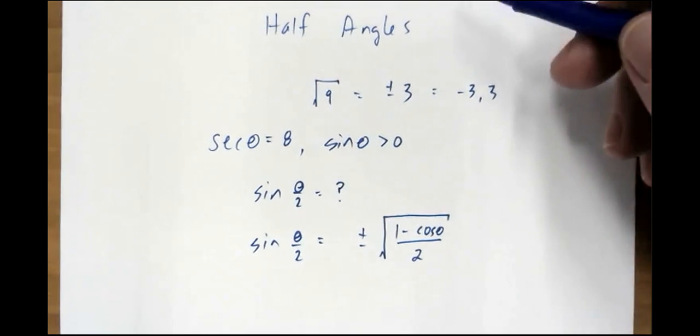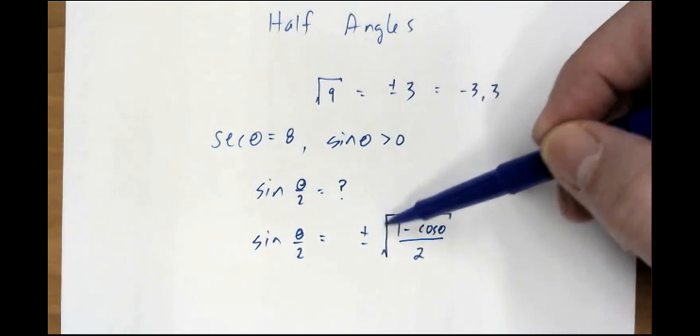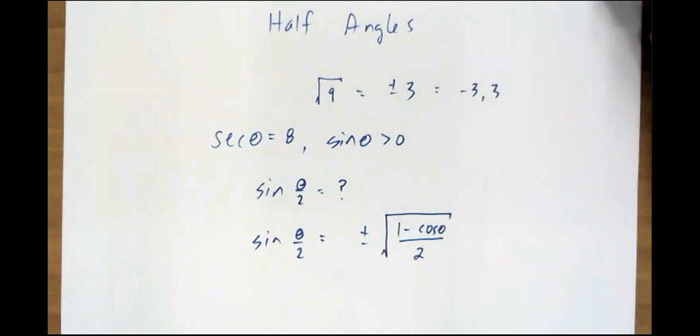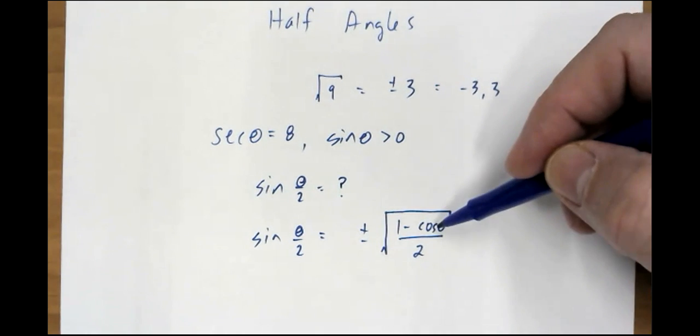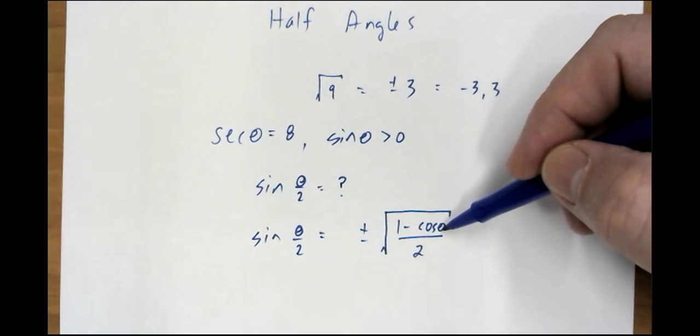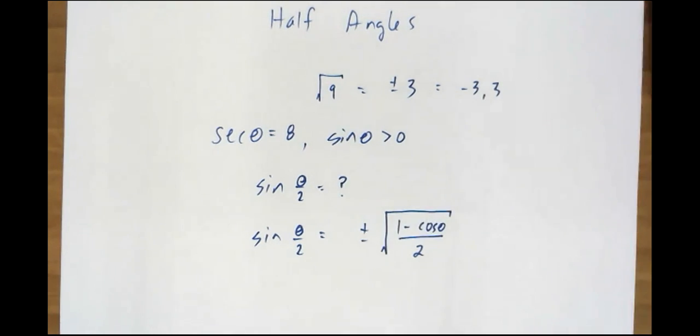So really, if you think about it, to calculate this sine of the half angle, I need two things. If I can figure out what the cosine of theta is, I plug it in here, and then I have to figure out whether my answer should be a positive or negative number.